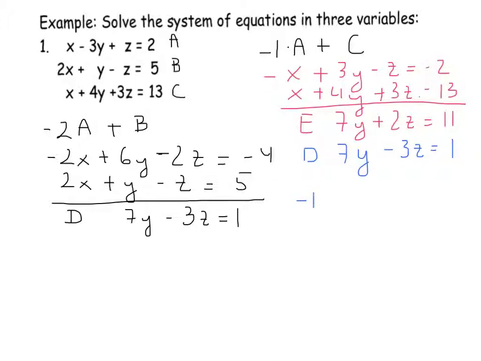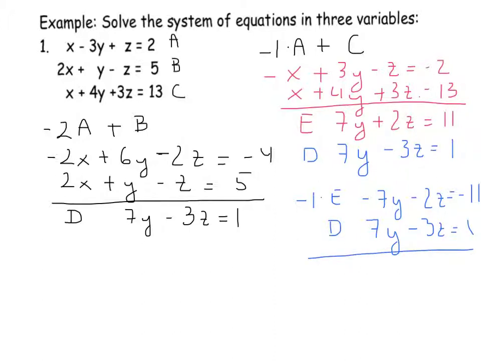So -1 times equation E is -7y minus 2z equals -11. And I write equation D unchanged, 7y minus 3z equals 1. If I add these two equations, I get -5z equals -10, and z will equal 2.